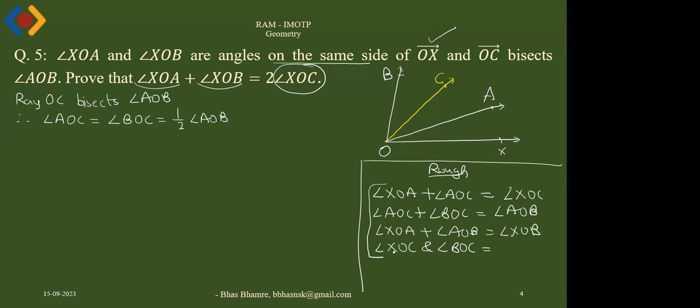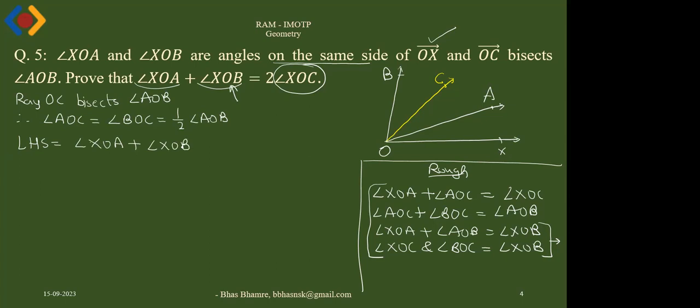And XOC plus BOC, XOC and BOC again form angle XOB. So we find that there are two ways to express angle XOB as a sum, which we can use in our LHS. I consider the LHS, which is angle XOA plus angle XOB.